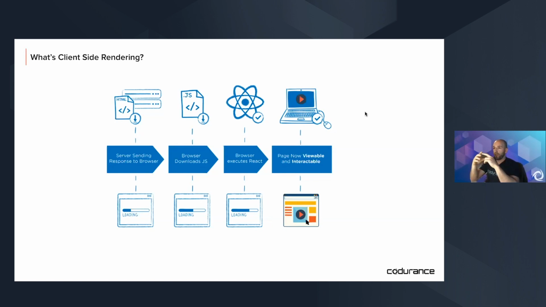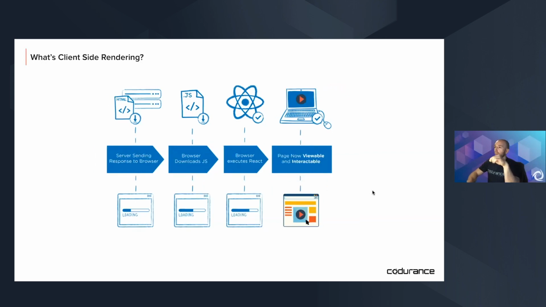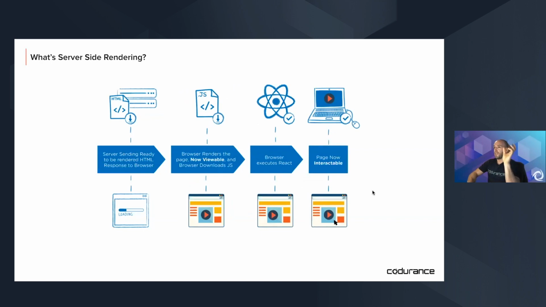Then the browser itself will download these resources, execute them, and at the very end of the process, the website will be interactive. As you can see in the diagram again, it's not until the last step that the page is rendered and interactive. So going back to the previous one, we see a big difference. The loading step is taking almost all the time in the client-side rendering, and the interactive step is the same. Until it's all downloaded, you are not able to interact with the page.